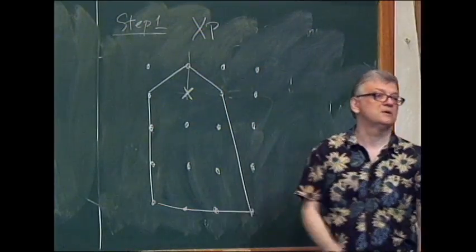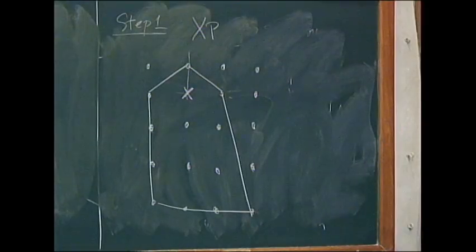Yeah, maybe 3. And then he just took the computer and went through a huge list of polygons until he found one that looked good. So this was a computer search.